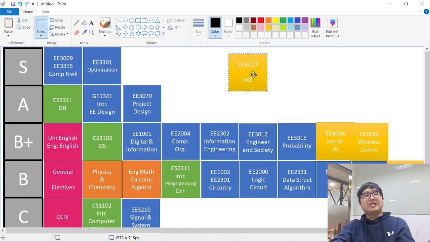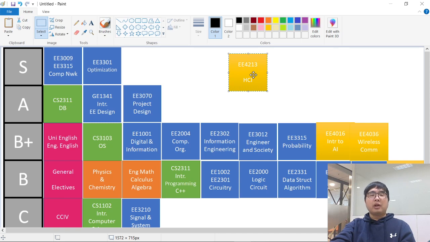It's nothing technical. However, you do learn a lot of the concepts on HCI, which is a softer topic. It's a relatively easy course. The load is okay. You do have to do some work, a bit more like paperwork.